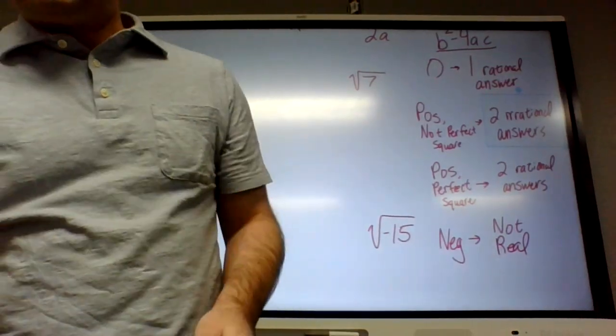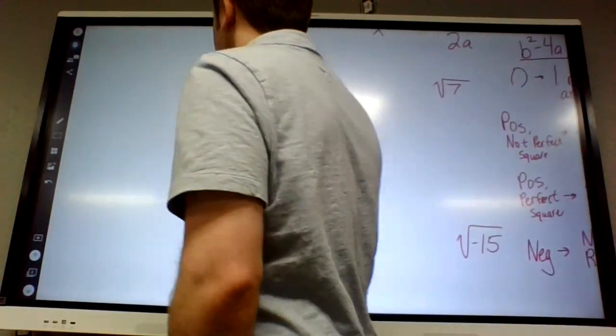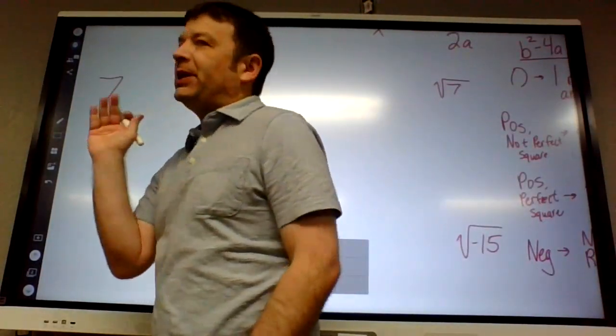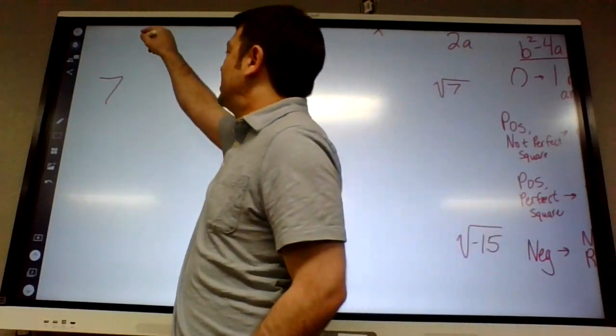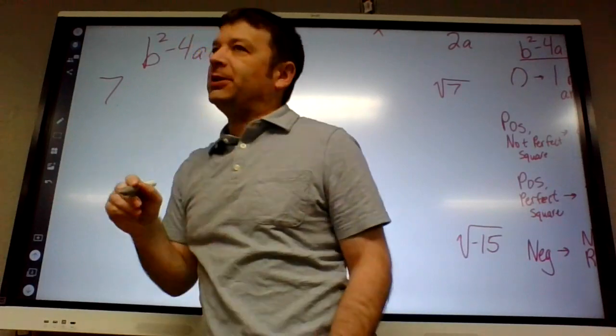Number 7. So it says evaluate the discriminant. So basically, listen. What we're going to be doing is the b squared minus 4ac part.